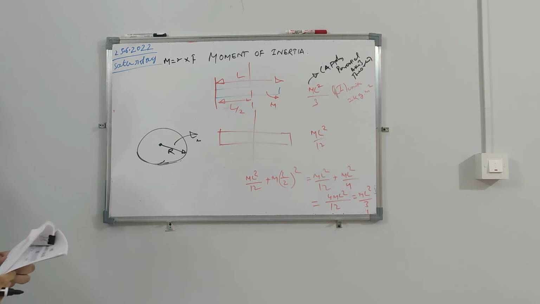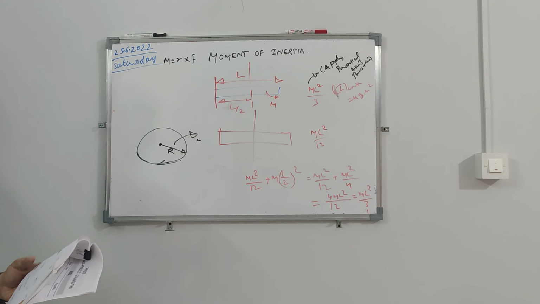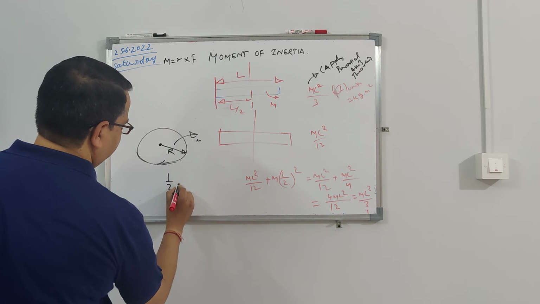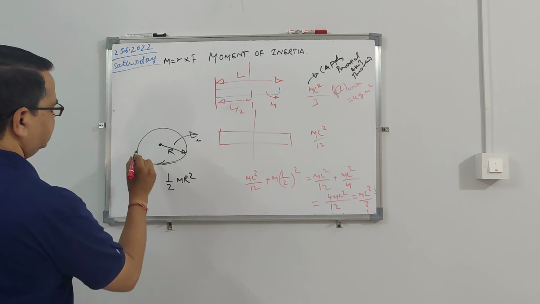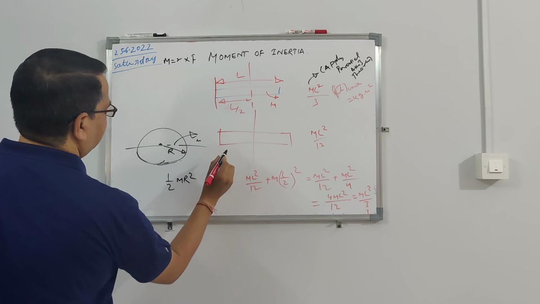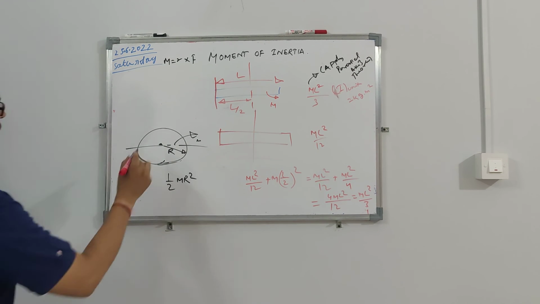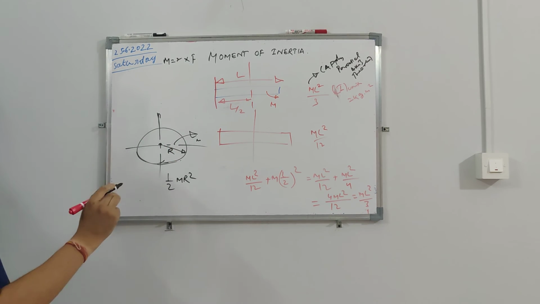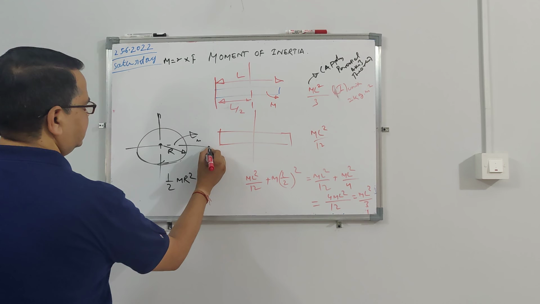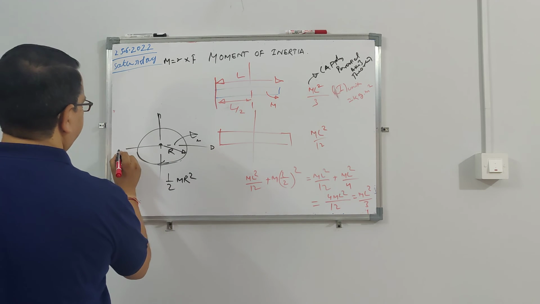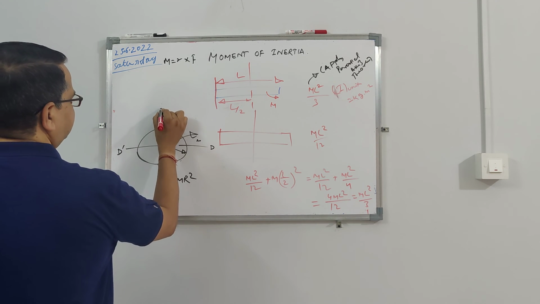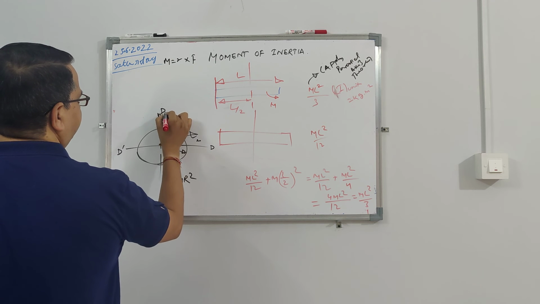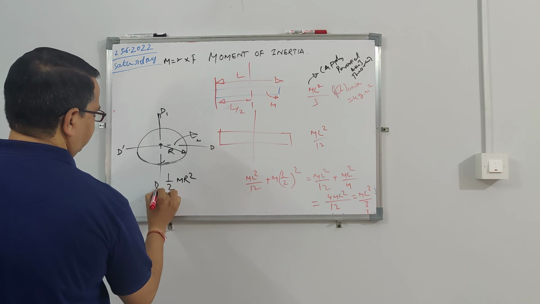For a disk, the moment of inertia is half mr square. That is about one diameter. About the other diameter, because it is circular, it will be the same. Let us say these are diameters d1 and d1 dash.